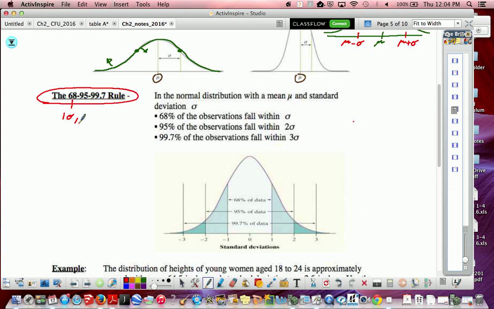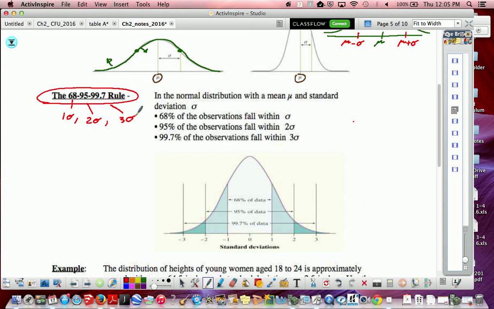The middle 68% of scores are going to be within one standard deviation of the mean. The middle 95% will be within two standard deviations, and the middle 99.7%, almost all the possibilities or all outcomes in the distribution, are within three standard deviations. Almost all.